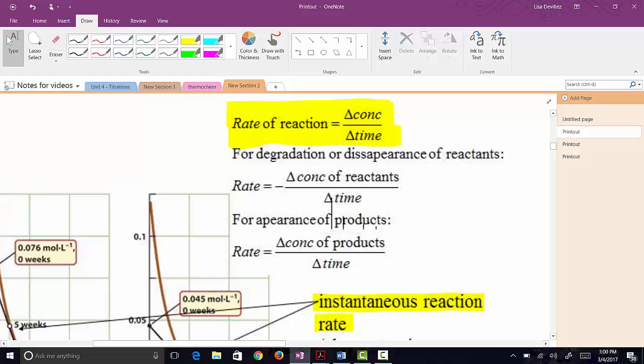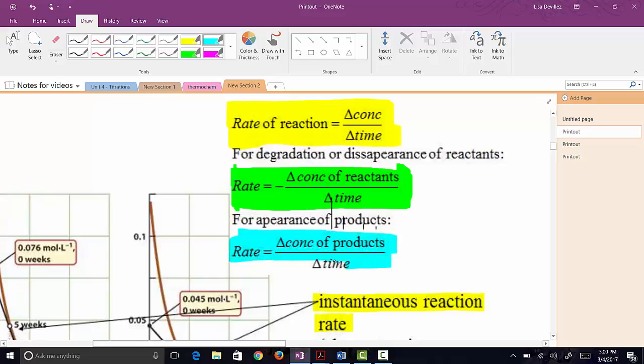One thing to note here is that if we're expressing a rate of change of the reactants, we use a negative symbol for that. That just means that it's decreasing. Whereas if we're talking about the change in the product concentrations over time, we're going to use a positive value.